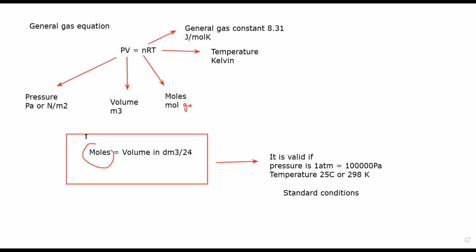So in that case, we use the general gas equation, in which PV equals nRT. But the important thing for this equation is unit conversion. For example, for pressure, the unit conversion is very important. The pressure may be in atm, but you cannot substitute pressure in atm; it should be in Pascal.